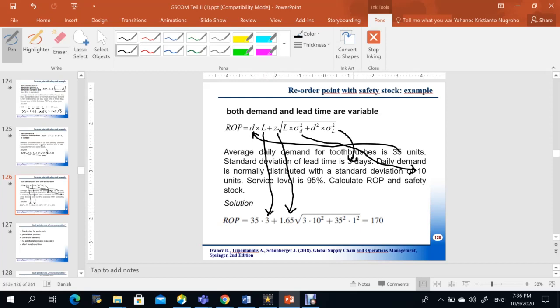Again, the number here is 1, but it's supposed to be 3, right? 3 squared. And then we have maybe a different number, but maybe not 170. But that's how to calculate the reorder point with safety stock when both demand and lead times are variables.